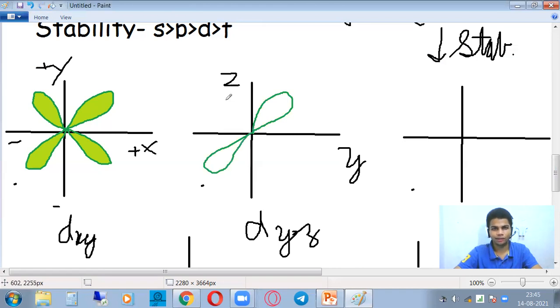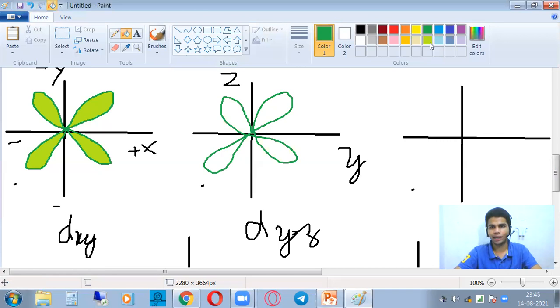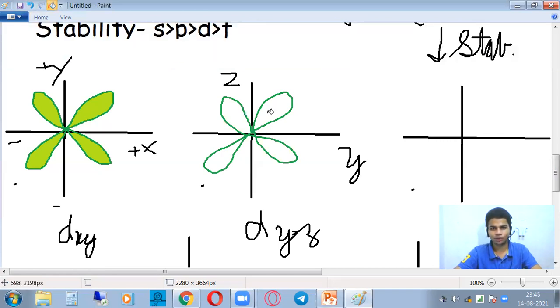One dumbbell and another dumbbell will be here. It is not too correct, but like this. If I color this portion with light green, then you can see this portion where you can find the electron.